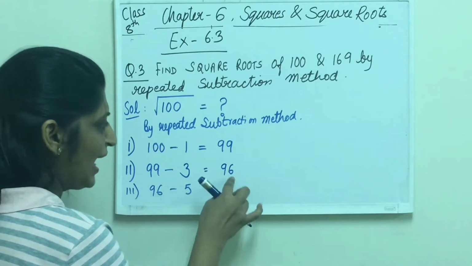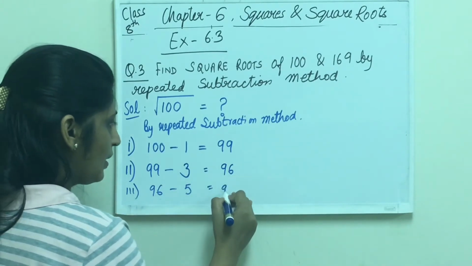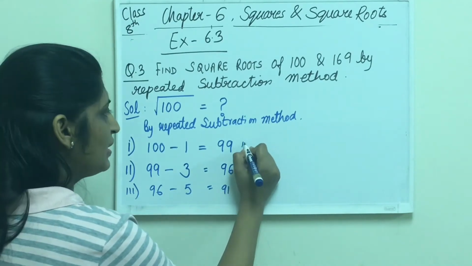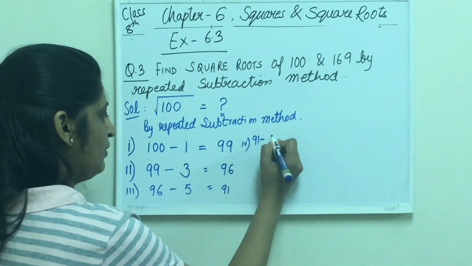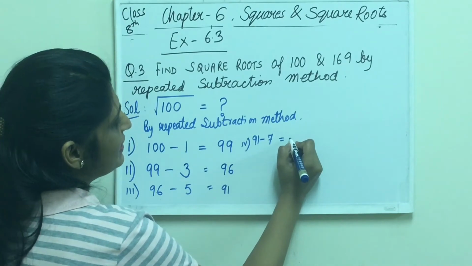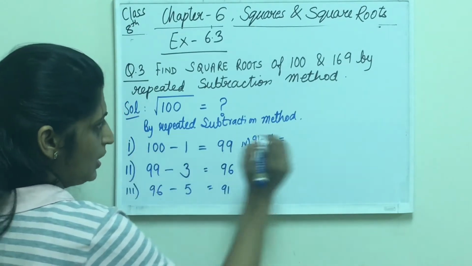We subtract from 96. Whatever be the answer, we subtract that. So 91 next. We will subtract 7, and 1 and 6, right?